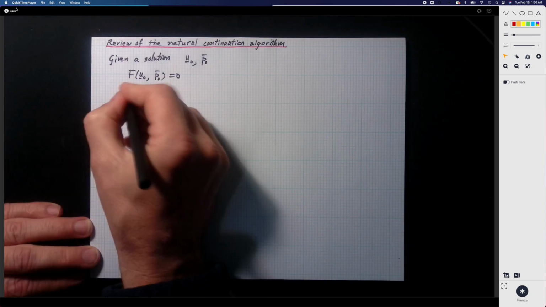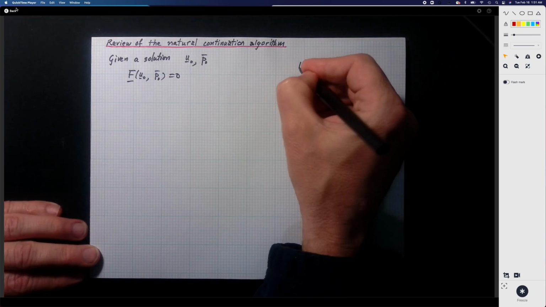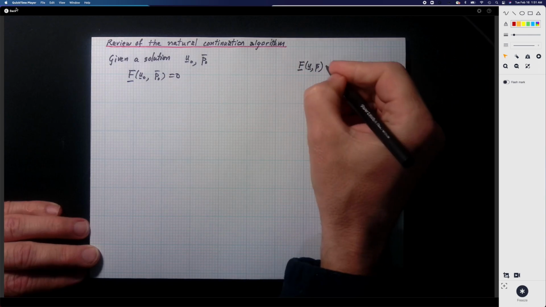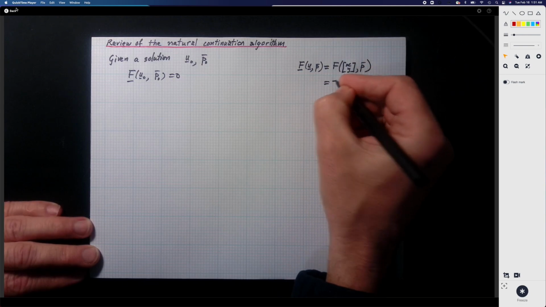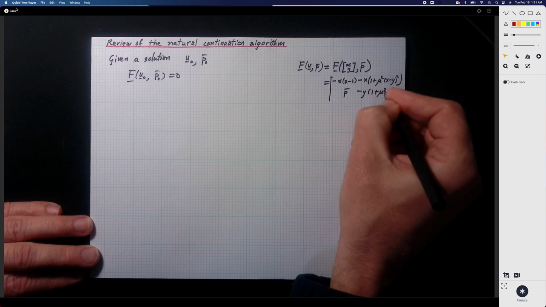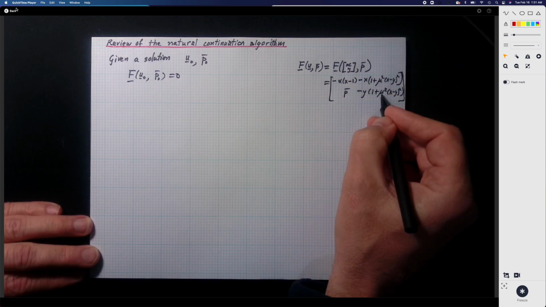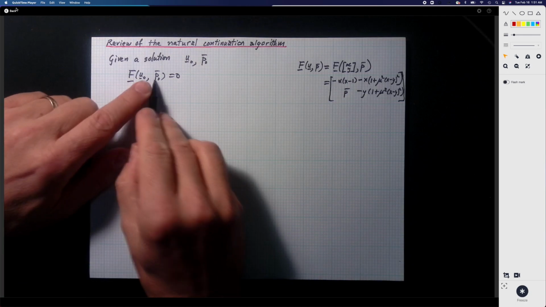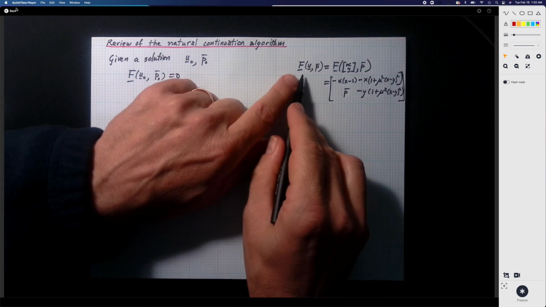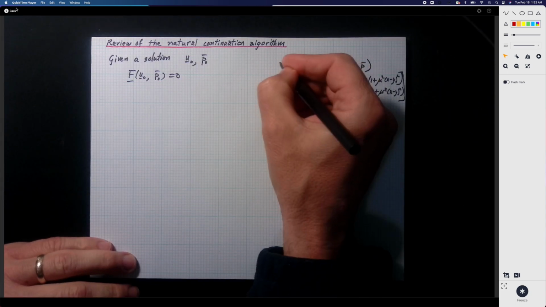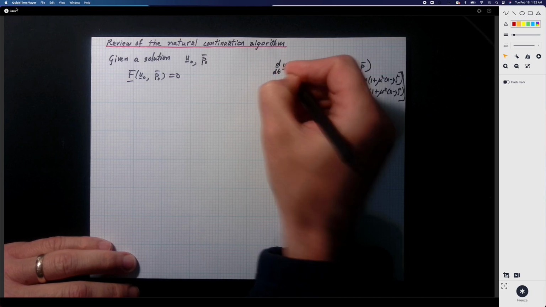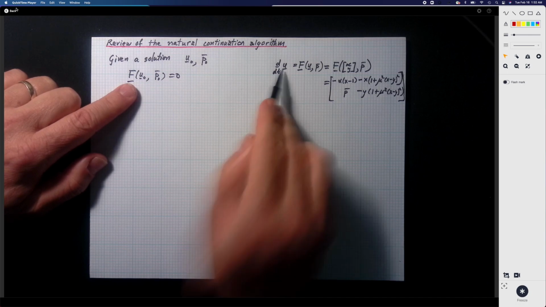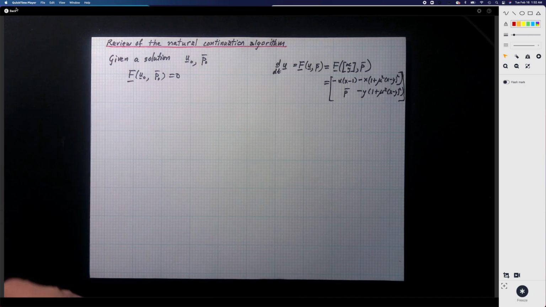Remember f is this function here, f of U and P bar, where P bar, mu squared, and alpha are parameters. So U naught, P naught makes this equal to 0, which was equal to d by dt of U. So if this is 0, then U naught, P naught are a steady state, with no time rate of change. It's an equilibrium position.